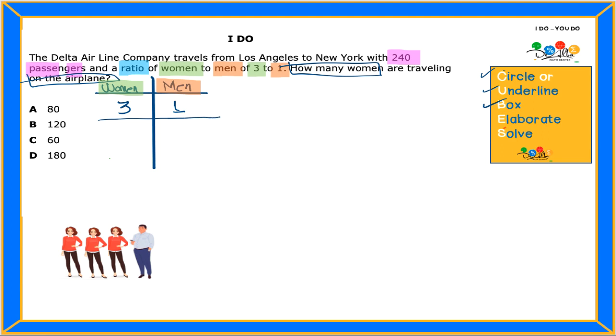Okay. Now, remember that they said another quantity. They said that there are 240 passengers in the airplane. So I'm going to be adding another section to my T chart. Let me bring that additional section. Okay, so here we're going to write total. That's going to be the total of passengers. But wait a minute.